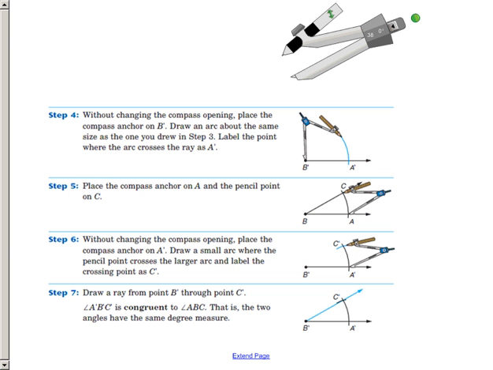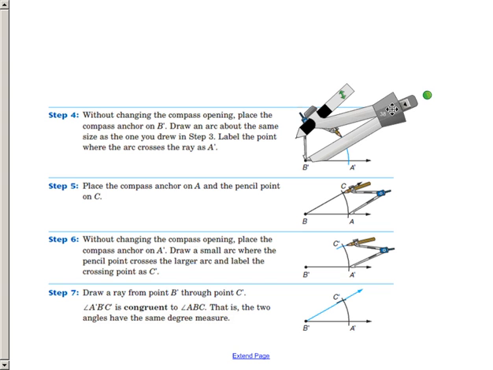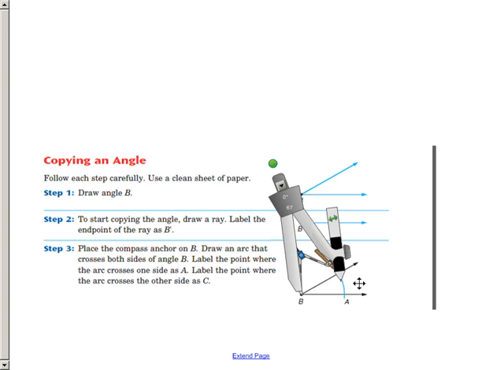All right, next step. You're going to leave the compass opening the way that you had it, and you're going to place your anchor on B, okay? And you're going to draw another arc on your line or on your ray, just the way you did on your angle. So you're going to do exactly the same thing.